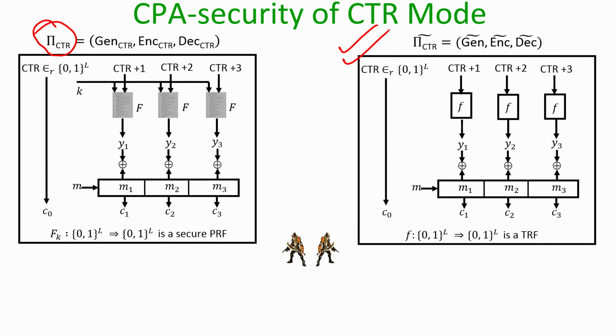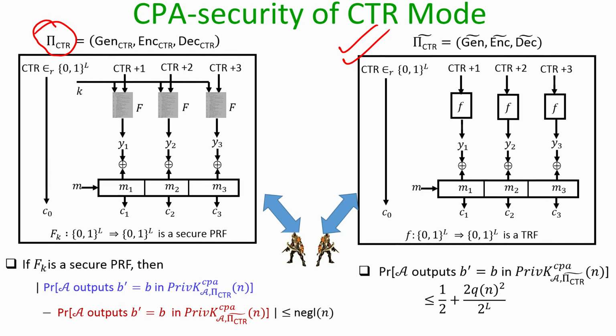This will follow more or less using the same argument that we had used to prove the CPA security of our first candidate CPA secure scheme based on the pseudo random function. Remember, in that proof we had first considered a hypothetical truly random function based construction, proved its CPA security, and then we gave a reduction based argument where we showed that the difference in the winning advantage of the adversary between the two instances of the CPA game is upper bounded by a negligible probability if my underlying function is a pseudo random function.